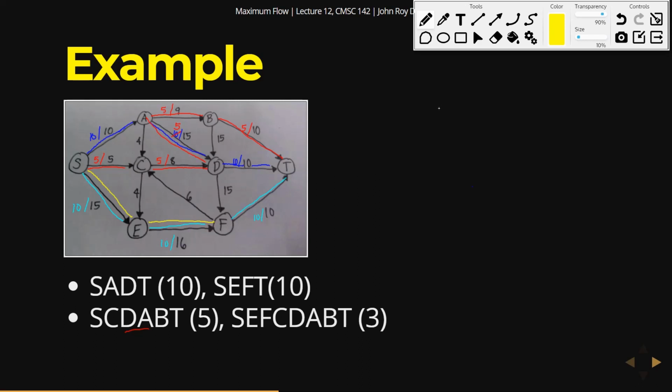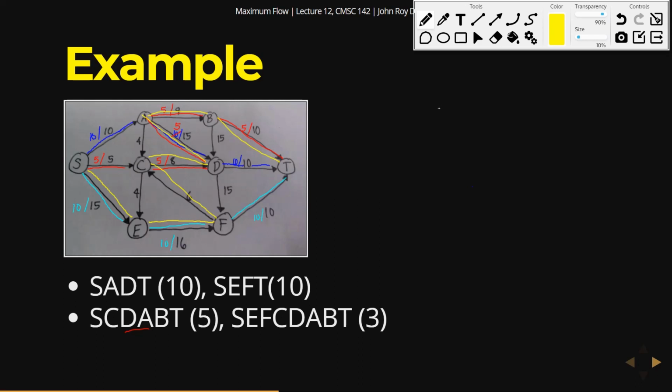So 10 out of 15, 10 out of 16. And then F to C is still free. C to D is still free, right? From here to here. D to A is still free. So 5 out of 15, this is not empty. So we can go backwards along this path. And then A to B is still free. B to T, there's still free capacity.